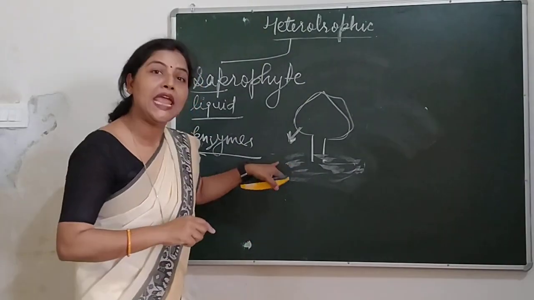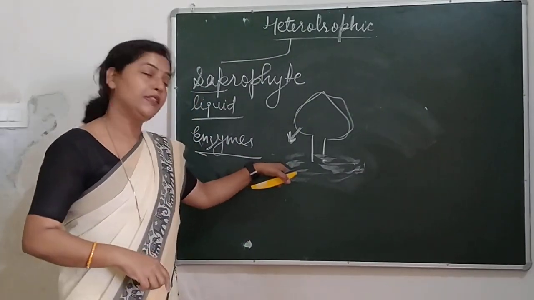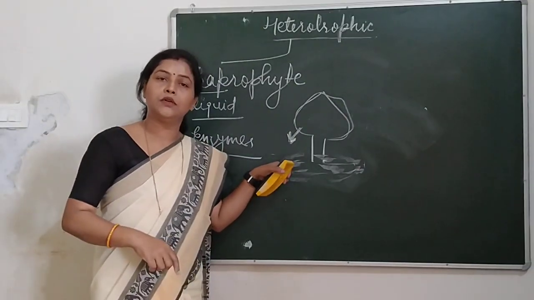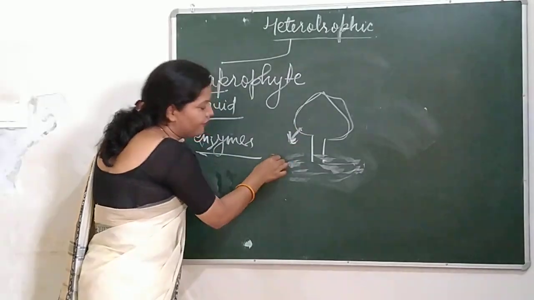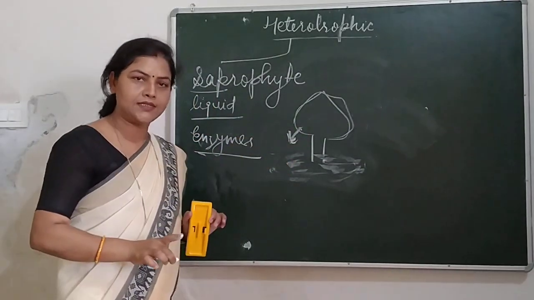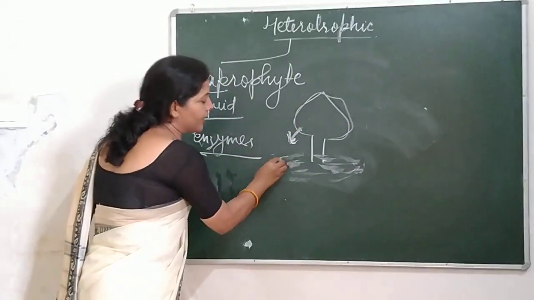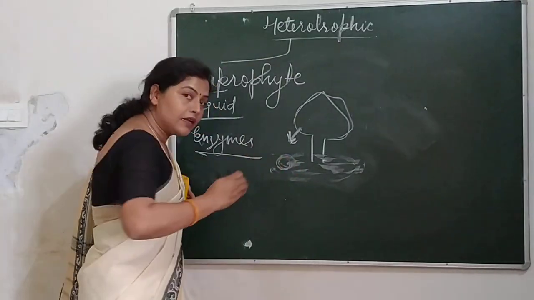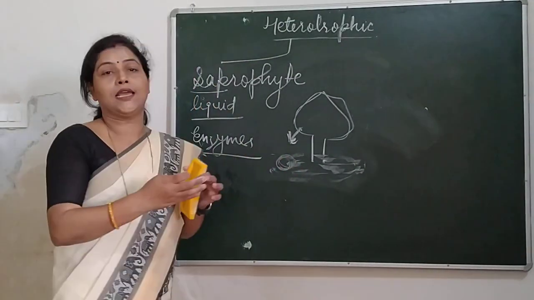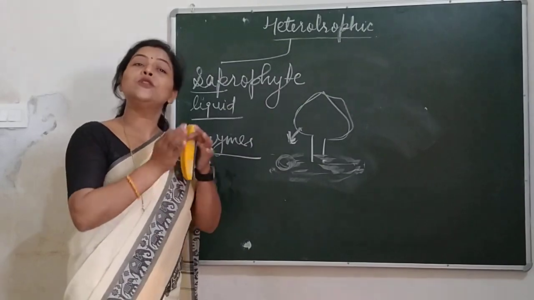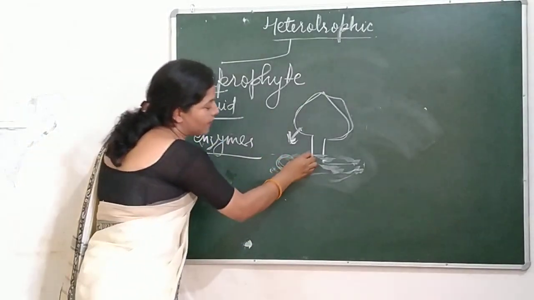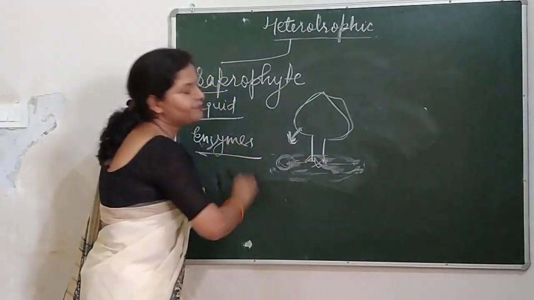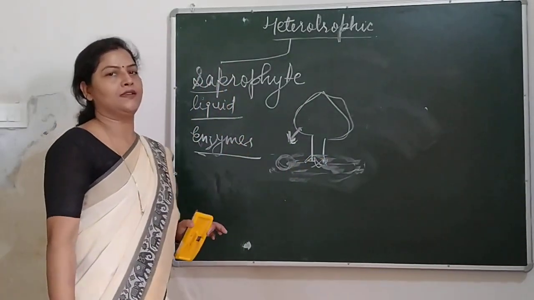They are dead, but they have protein, they have fat, they have carbohydrates. So when these secretions are given to those dead and decayed parts, these organic substances get converted into liquid form, into simple form. And that liquid form of food is absorbed by the roots of the plants.